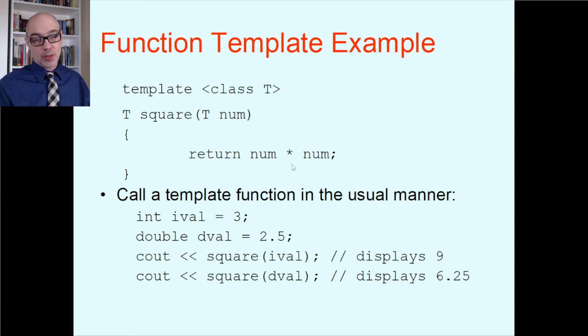There is a programming challenge in chapter 14 that asks us to overload the multiplying operator for feet inches objects. If we did that, then you can even pass a feet inches object into this function, and that'll work just like that. The compiler would spot that and say, I guess I have to compile a version of square that works on feet inches objects, multiplies them, and passes back a feet inches object. That'll totally work, as long as you've overloaded the multiplying operator.